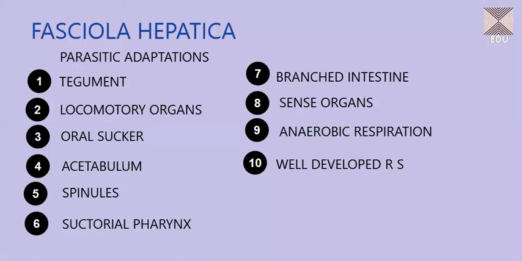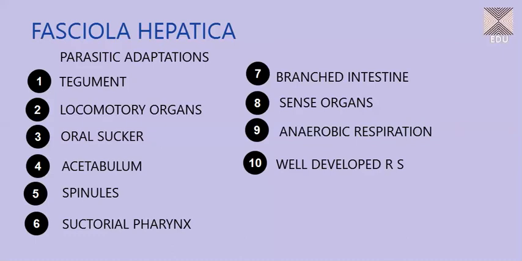This animal, Fasciola hepatica, can produce a very large number of eggs. A single fluke in its whole life can produce nearly 2 lakhs of eggs.